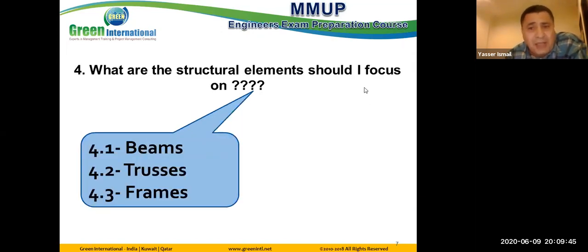What structure elements should I focus on? Beams, trusses, and frames. Okay.